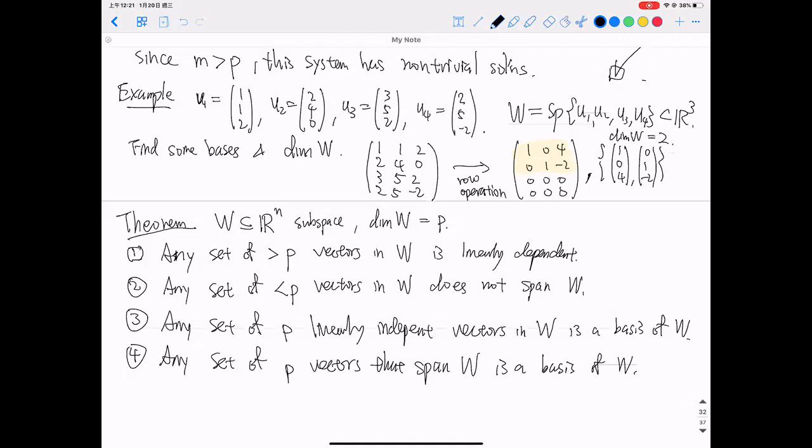So the way to read this is that these four properties tell you that the number of vectors you have somehow can imply properties of these vectors.